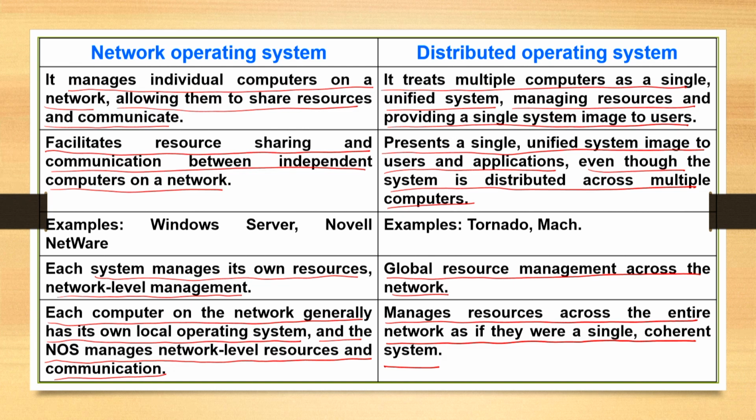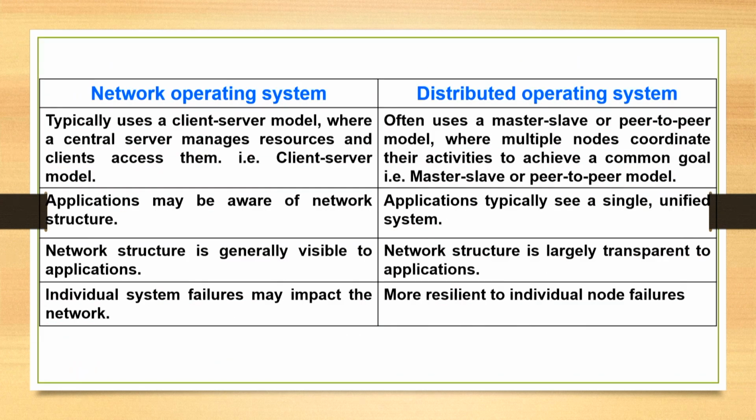So, this is the difference between the network operating system and the distributed operating system. On the architecture view, what is the difference? Network operating system uses a client server model, whereas distributed operating system uses a master slave or peer to peer model, that I will explain in my next slide.